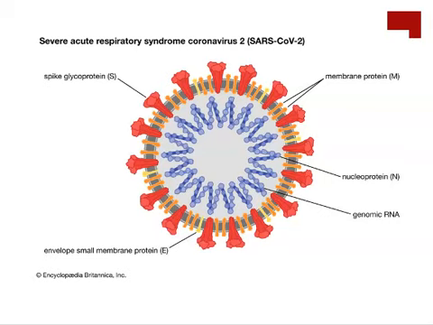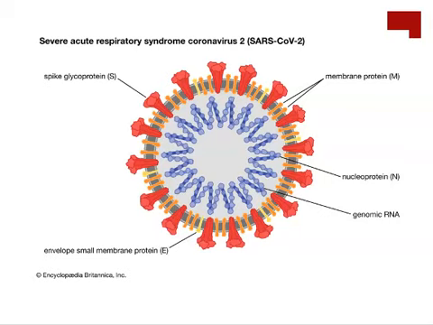Replicase is an enzyme that is not found in any other living cell. It's only found in this particular virus, at least so far. Replicase, like the name suggests, is going to do the work of helping to copy something, to replicate something. And that something is the RNA molecule inside this virus.